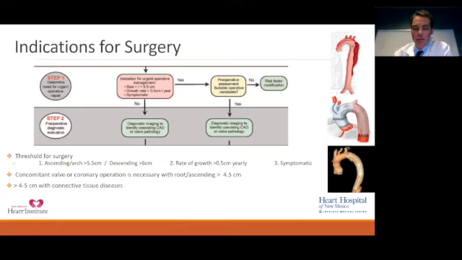If those folks are getting heart surgery for other things, such as valve or coronary disease, we have a low threshold to replace a diseased aorta, kind of the while-you're-there approach to it. And then there's an important group of people who have connective tissue disease where we need to be more aggressive in how we treat aortic pathology. So those classically are Marfan's patients, Loeys-Dietz patients, and then bicuspid aortic valve disease.